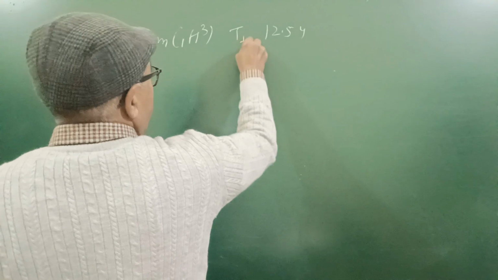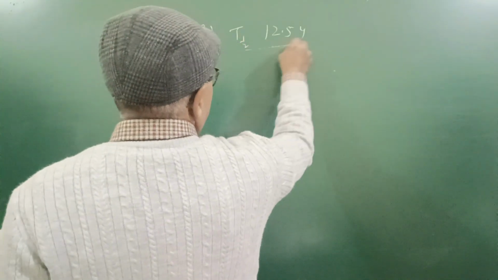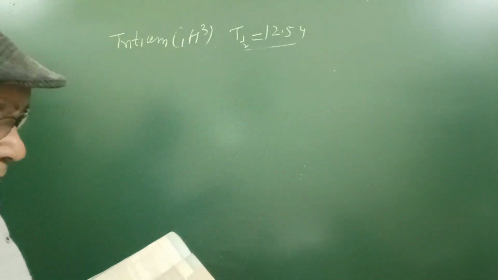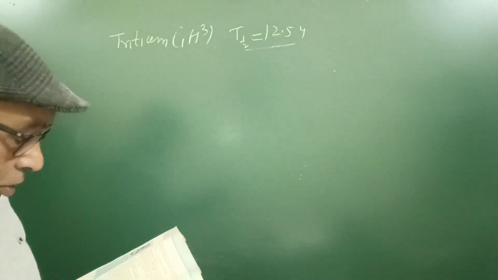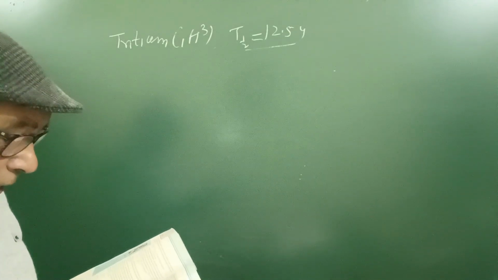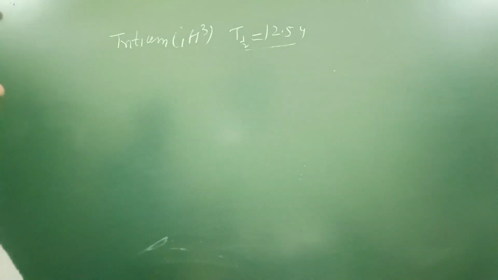T half for tritium is this. Again undergoing beta decay. What fraction of a sample of pure tritium will remain undecayed after 25 years?